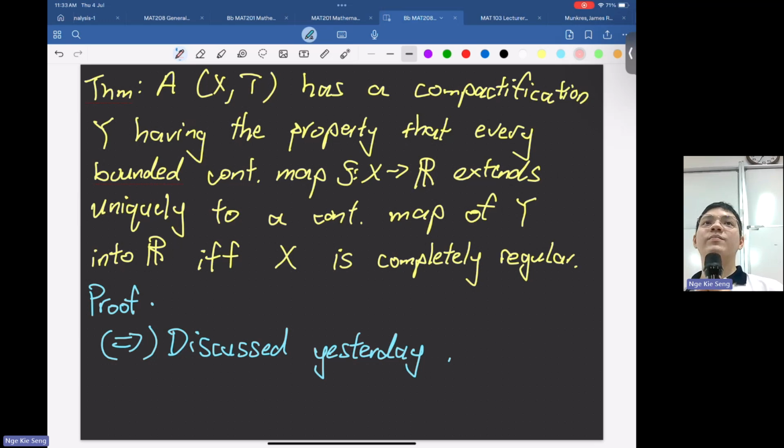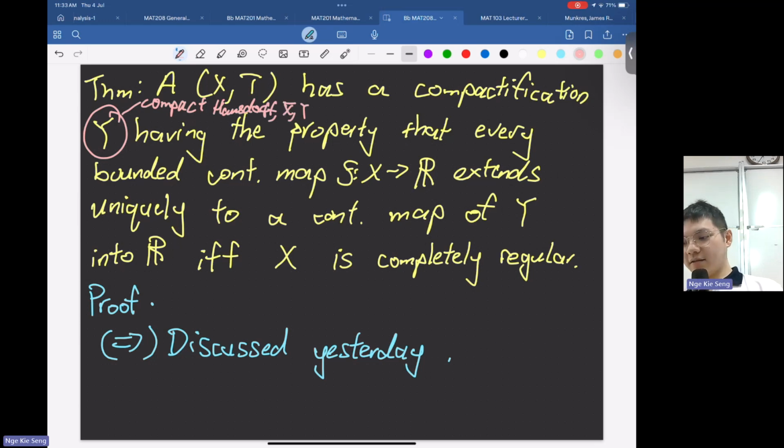First, you need to define your Y. But to define this Y, I need to check a lot of things. What do you need to check? Compact Hausdorff, and first, the closure of X is Y.